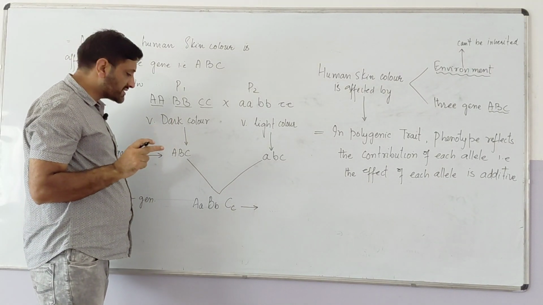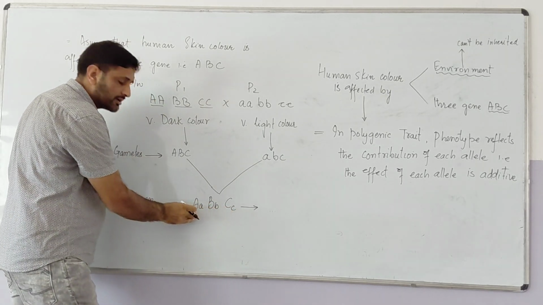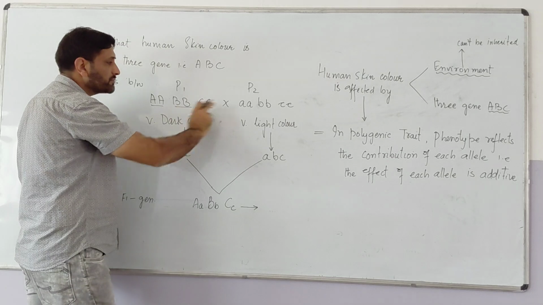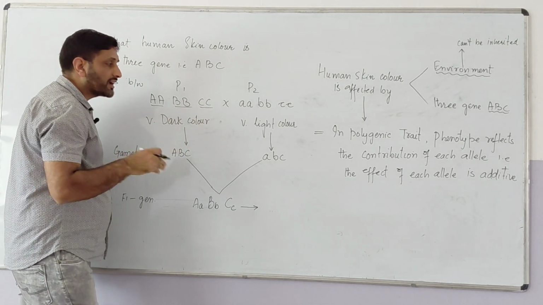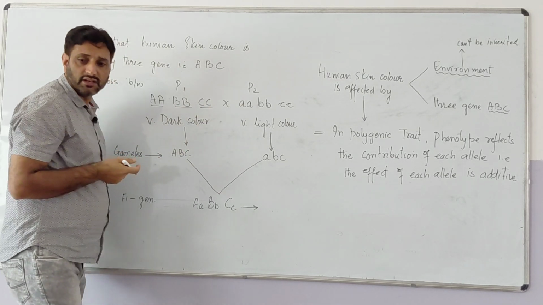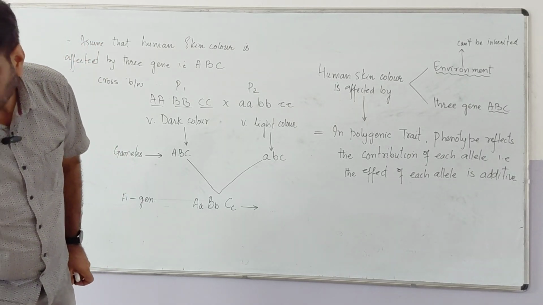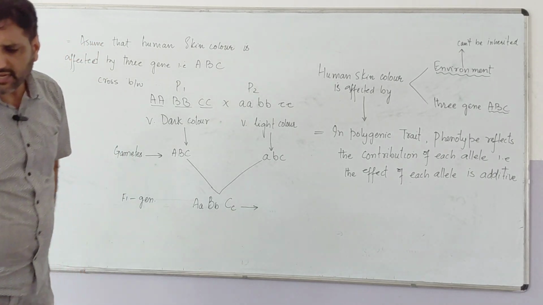But here we can see that this type of progeny will not resemble both of the parents, but the color of the skin will be intermediate. Is this clear? So when you cross this, you will find the intermediate color.